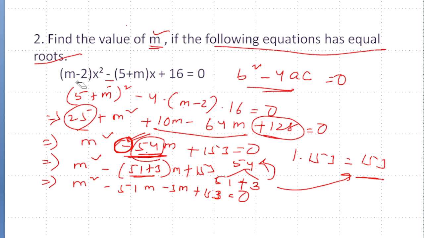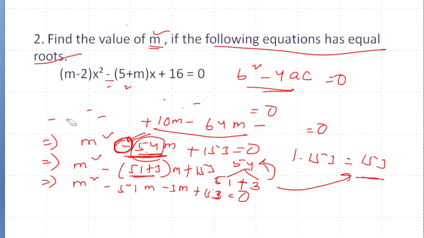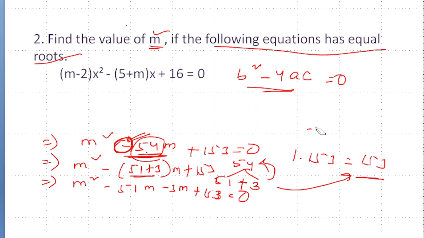We will erase some part so that it will be helpful to watch. Okay students, so now we will do factorization by using grouping. Solve it. What is the common here? m. So it will come m minus 51.